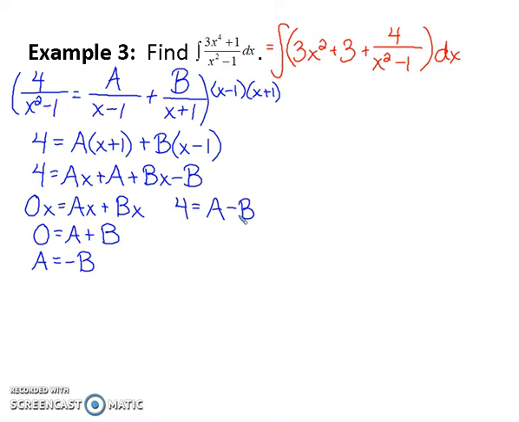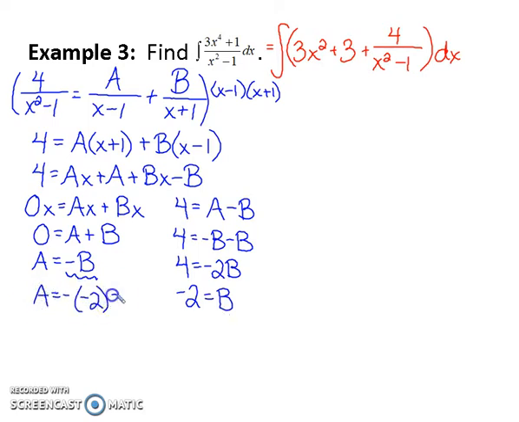In the last example the equations were more complicated, with a's and b's in both, so we used some elimination. Honestly, since I know that a is equal to negative b, I'm just going to rewrite a as negative b. So then I have 4 equals negative 2b. Negative 2 is what b would be equal to. So a is negative 2 times negative 1, which is positive 2.